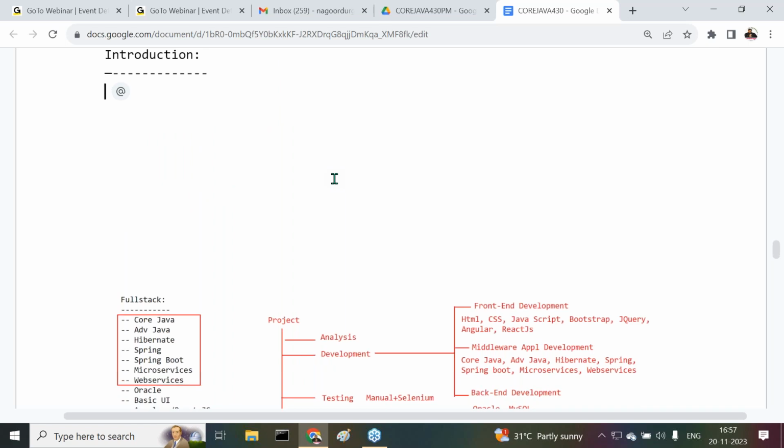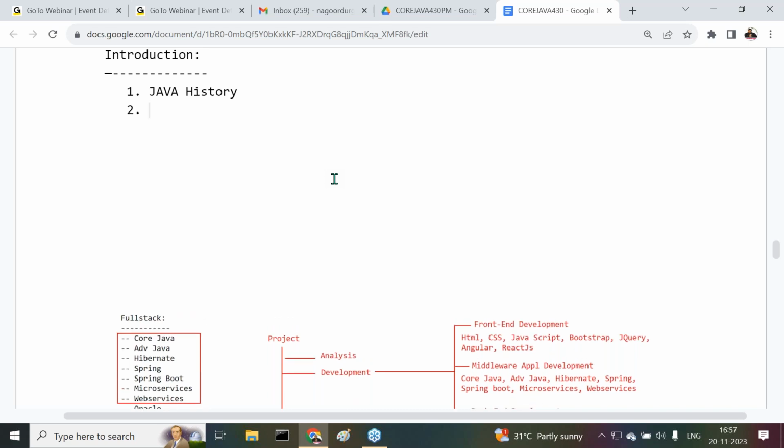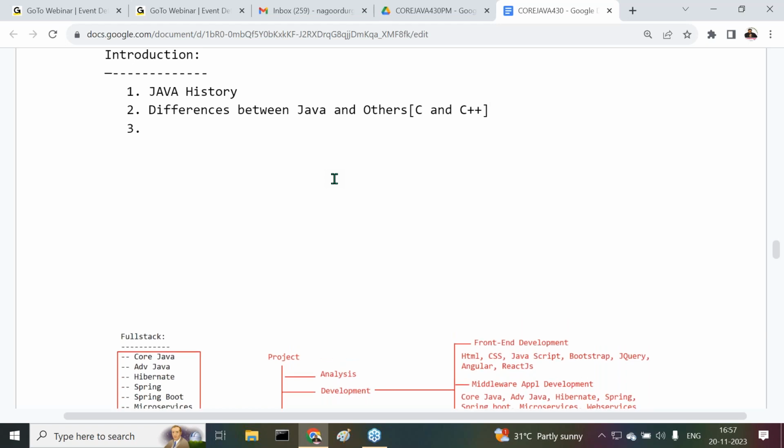What exactly are the topics we are going to understand inside this introduction? The first one is Java history. After this Java history, differences between Java and others, others in the sense of C and C++.